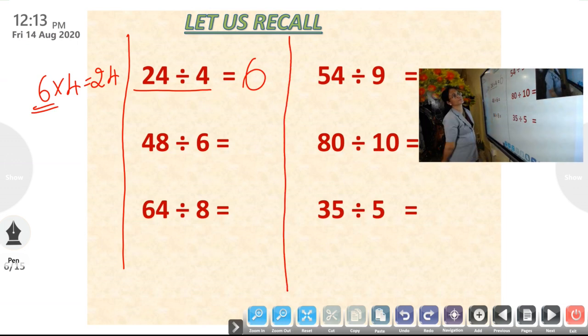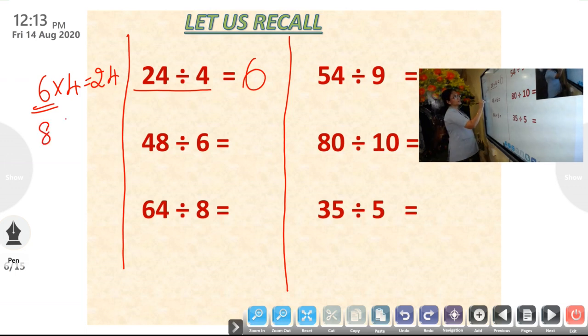Next question. 48 divided by 6. Here the dividend is 48 and the divisor is 6. So you have to say the multiplication table of 6. 1 6 is 6, 2 6s are 12, 3 6s are 18, 4 6s are 24, 5 6s are 30, 6 6s are 36, 7 6s are 42, 8 6s are 48.